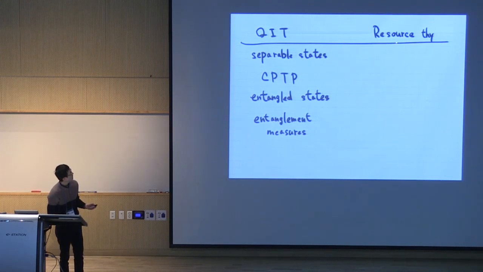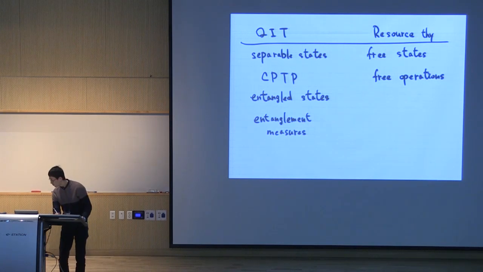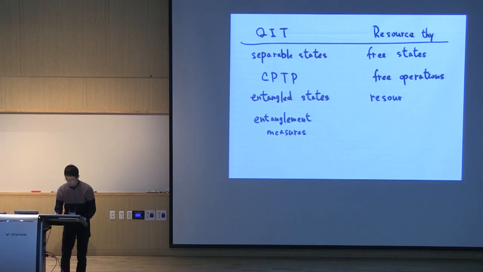Basically, there is a theory of resources, and the resource theory is concerned with free states, and they also define free operations. And they also have resources, and resource measures.